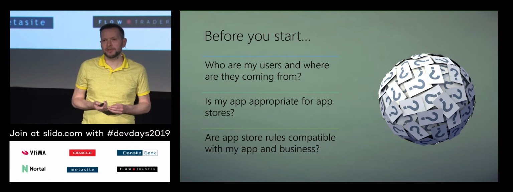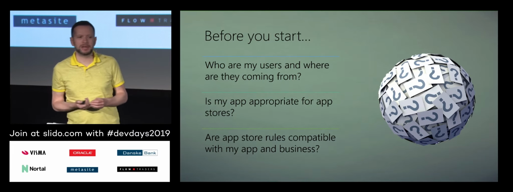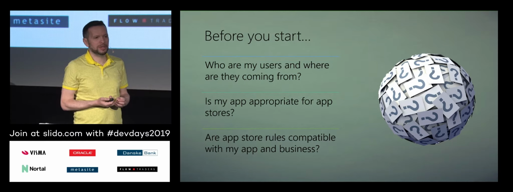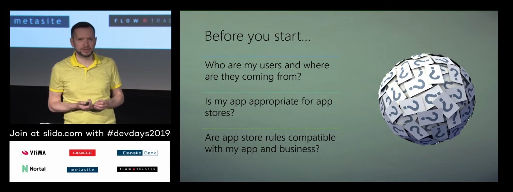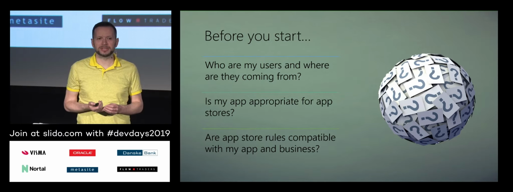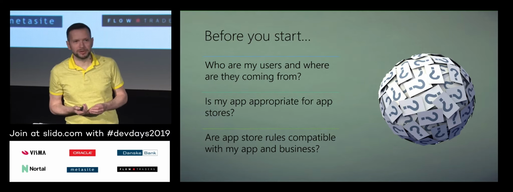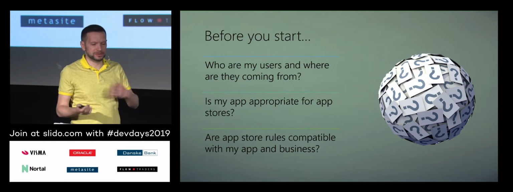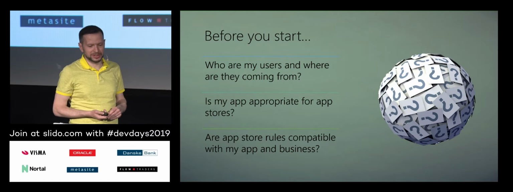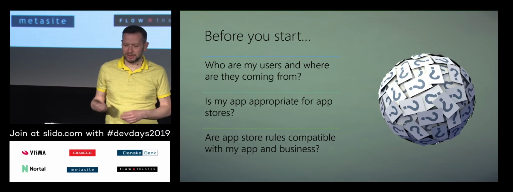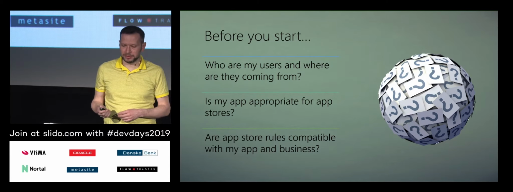For example, if you publish your app into the app stores and it sells some digital goods inside the app, rules of most app stores dictate that you have to use their commerce and pay them 30% of those sales. So if you are doing something like this, maybe app stores are not for you, or you will have to do some conditional displaying of in-app purchases, or not do them in the app stores.